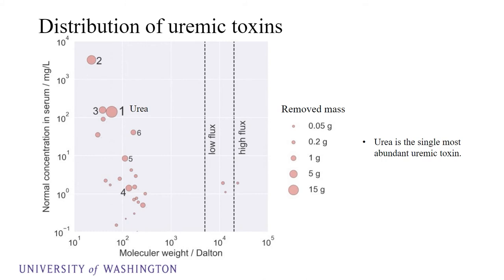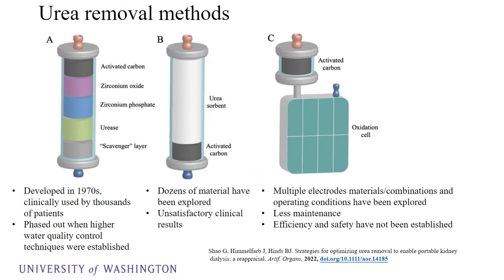As you can see, most of the uremic toxins, in terms of mass removal, fall far off the molecular weight cutoff of even the low flux hemodialyzers. And urea is easily the single most abundant uremic toxin. So we need a safe and efficient way to remove urea.